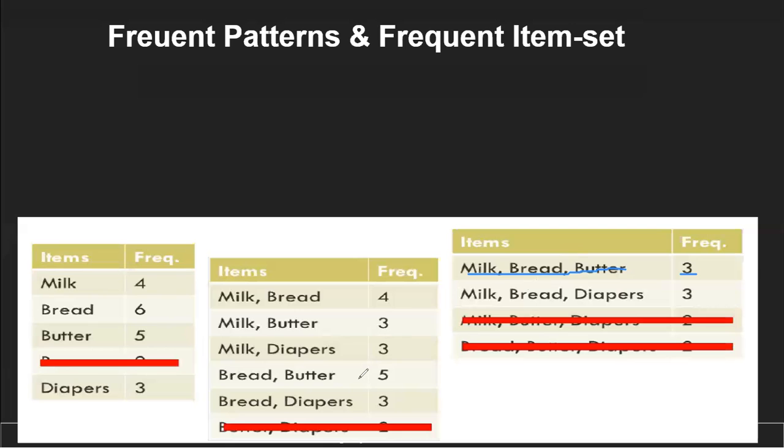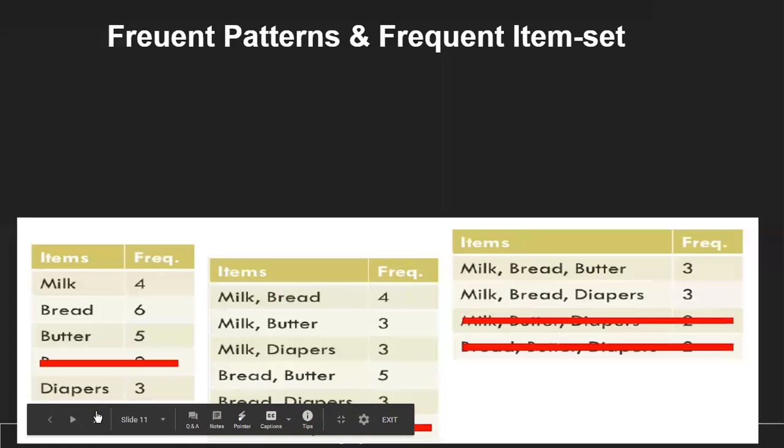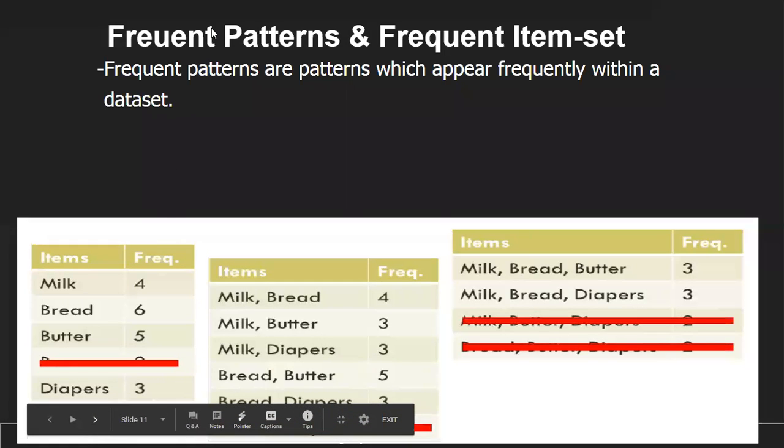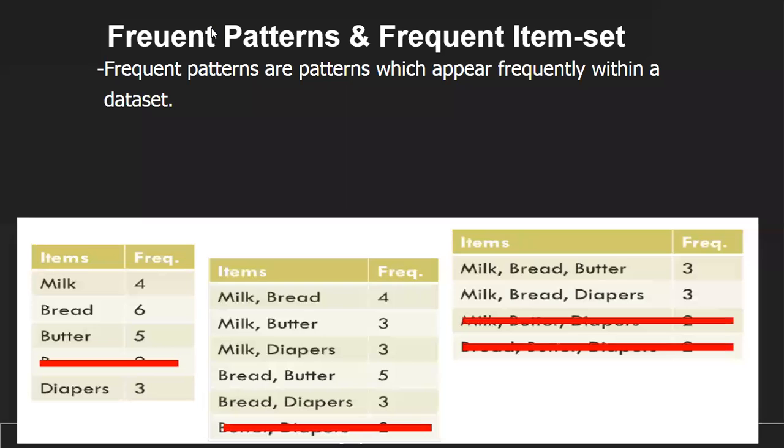Okay, so we'll see what exactly support and confidence are. According to that, all these values are clear. Now we'll focus on what exactly a frequent item data set is. Frequent patterns are patterns which appear frequently within a data set.